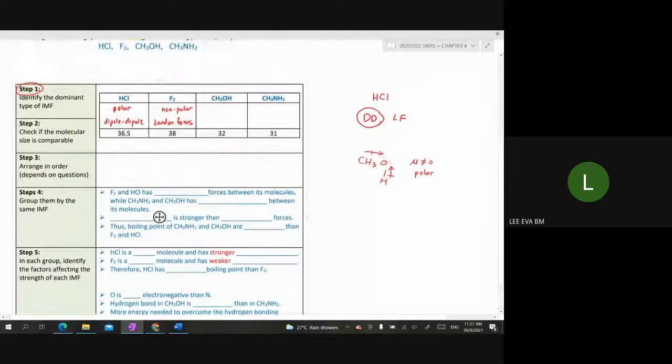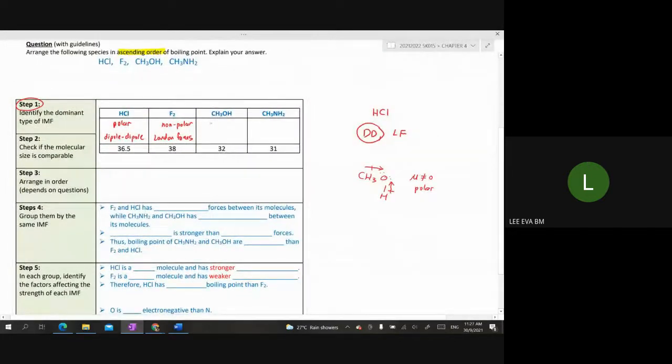But for CH3OH, what is the dominant force? Hydrogen bond. Kalau kita nampak hydrogen direct kepada oksigen, dia ada hydrogen bond. Dia polar, dia pun ada dipole. Dia pun ada basic forces, London forces. Tapi kita nak compare, kita ambil yang paling kuat sekali. Is that clear? Okay, so we write down over here the hydrogen bond.